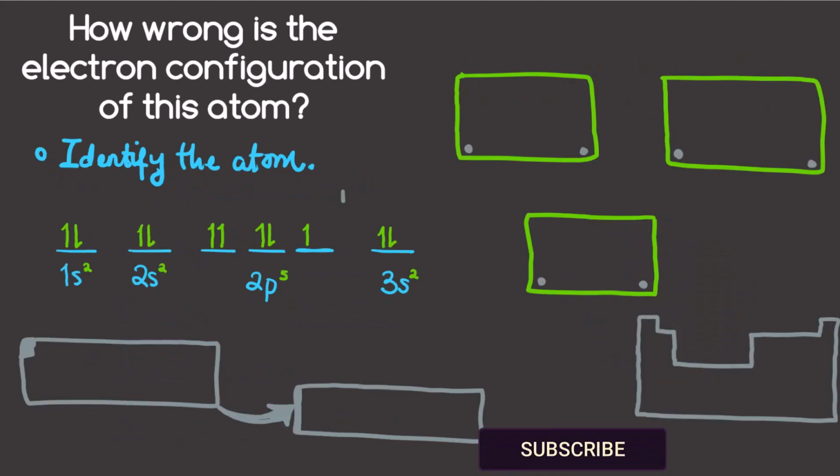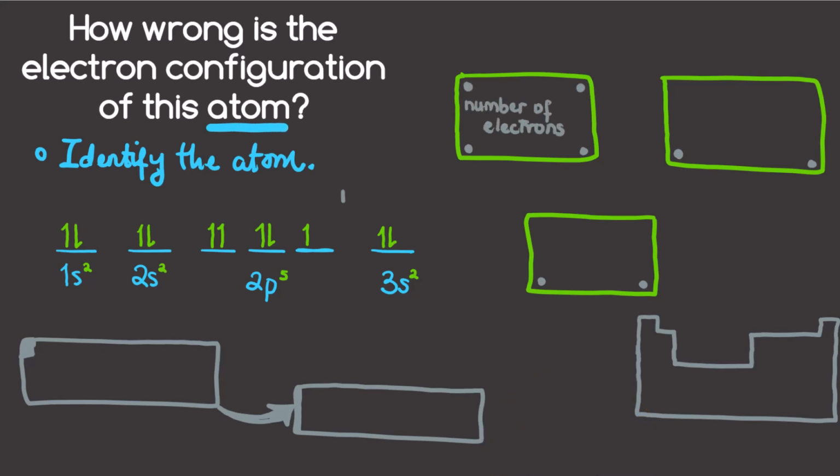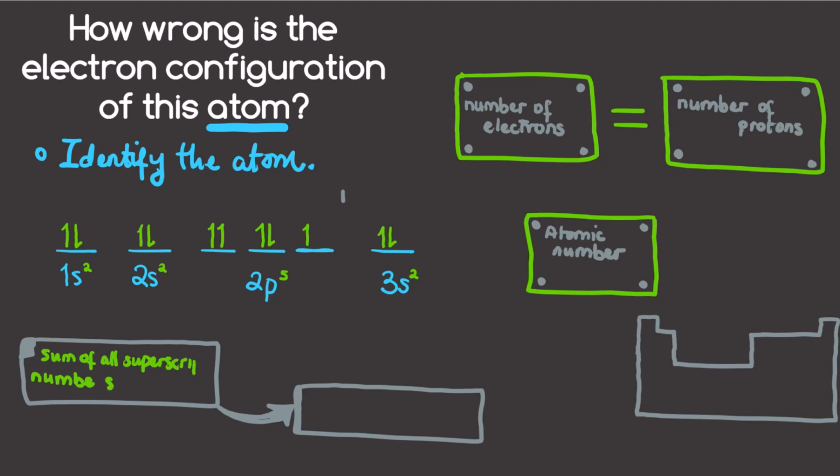To identify the atom, since this is an atom and not an ion, the number of electrons is equal to the number of protons, which gives the atomic number. Therefore, the sum of all the superscript numbers at the right of the letters represents the total number of electrons.